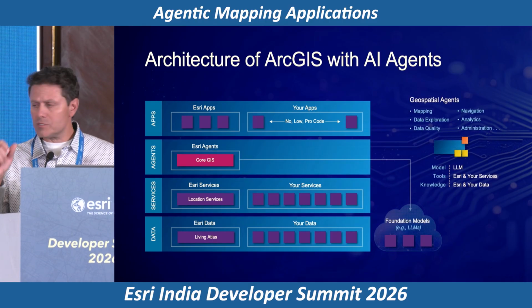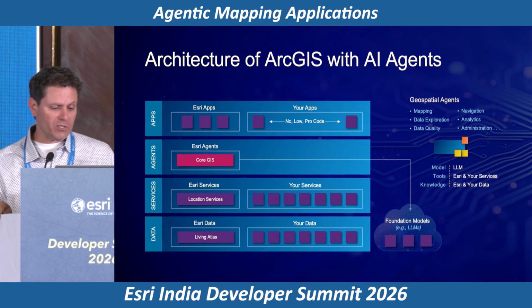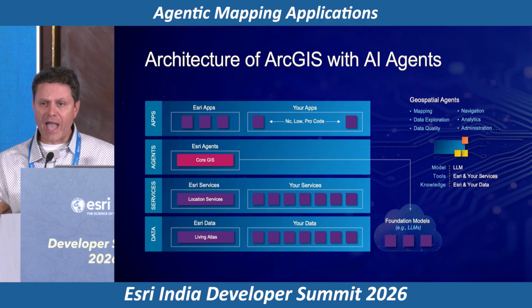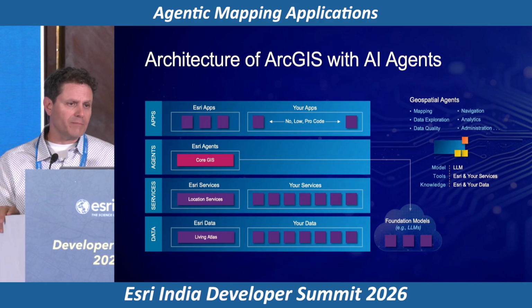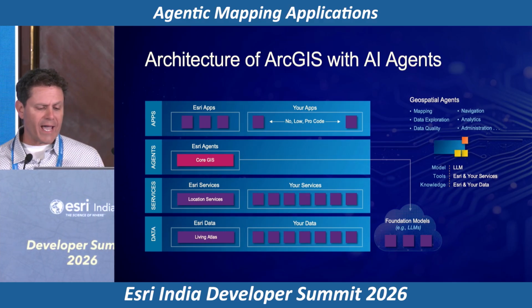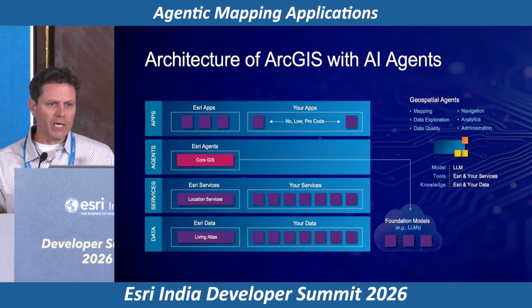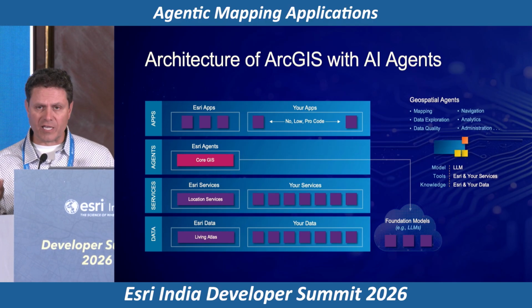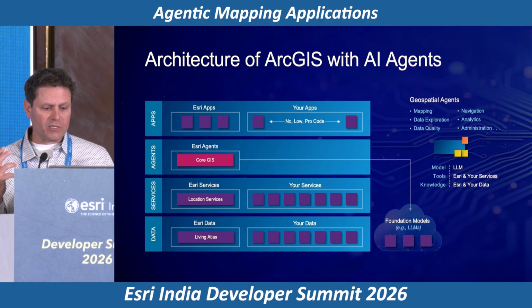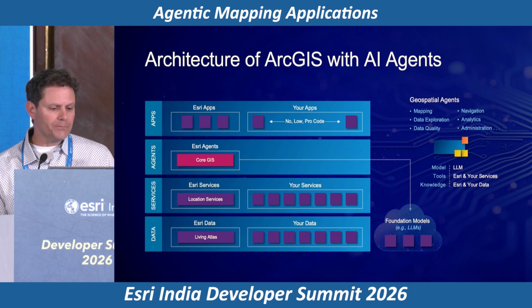They use foundation models, and they have different agents that perform different tasks, like mapping, data exploration, and assessing data quality. They do navigation, they geocode, and they perform analysis as well.